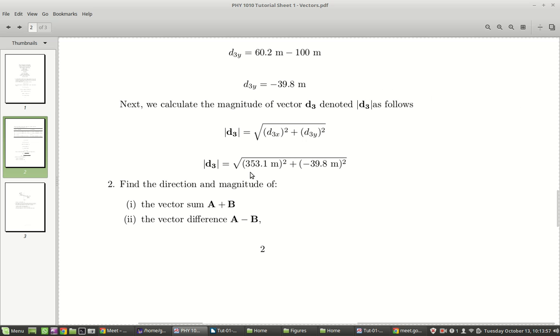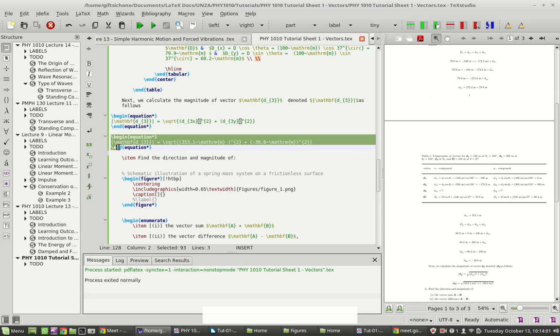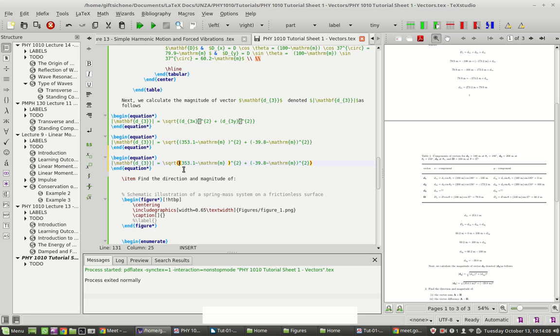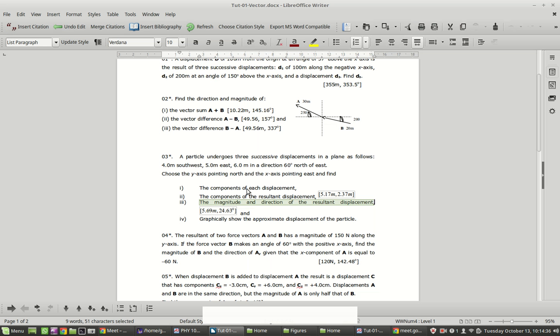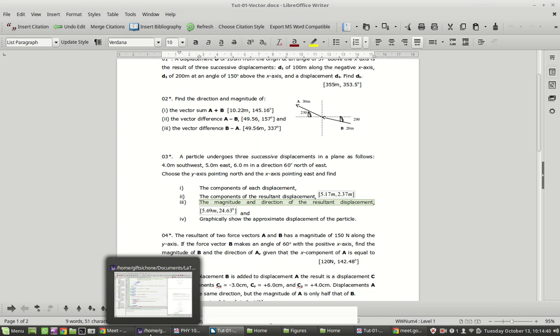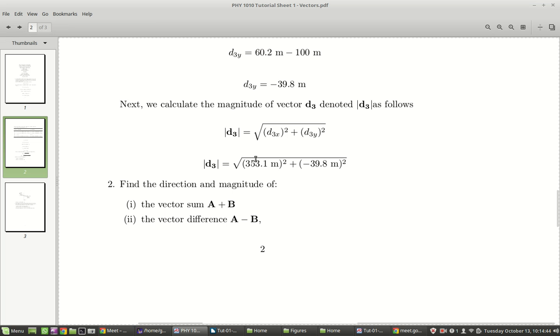Now, how much is the stuff in the square root? It is 353.1 squared plus 39.8 squared. How much is that?